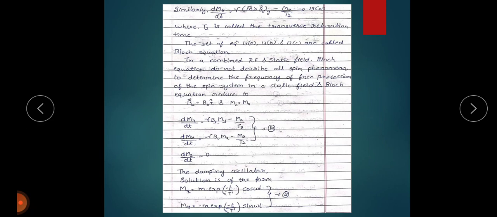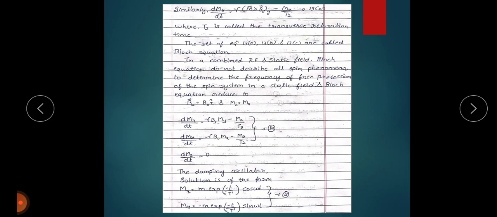The damped oscillation corresponding to Mx and My is: Mx equals M into exponential of minus t divided by T dash into cos ωt, and My equals minus M into exponential of minus t divided by T dash into sin ωt. This is equation 15, the damped oscillation in solution form.